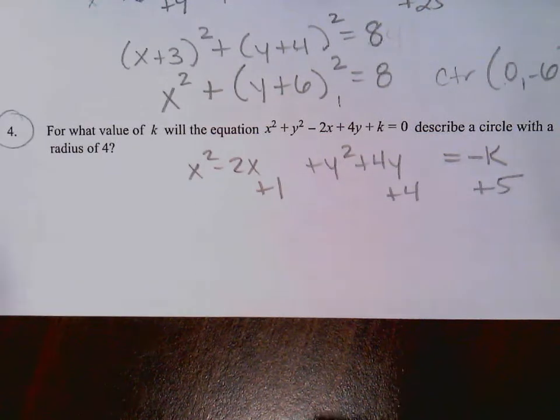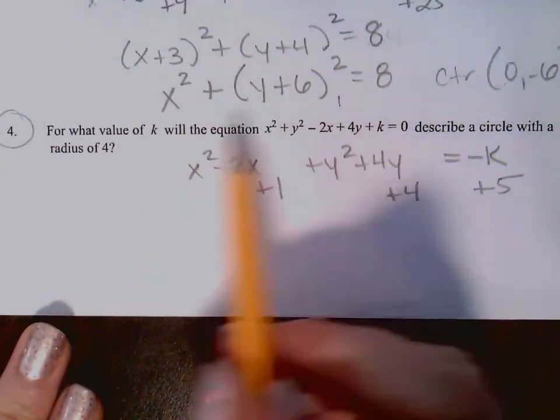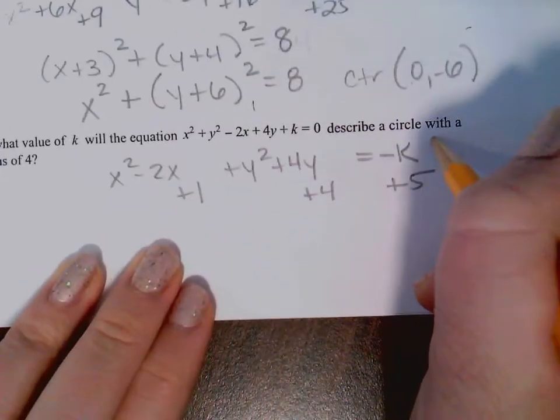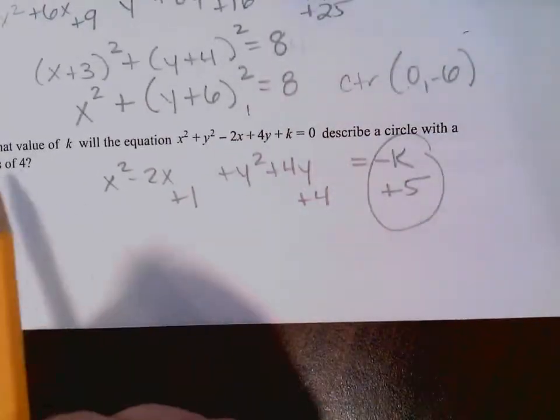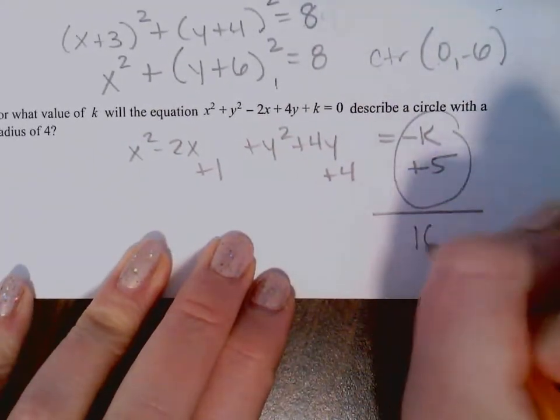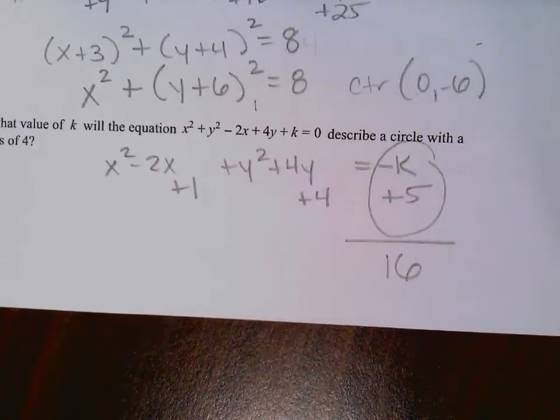Now, technically, you don't have to complete all this other work. We're done on this side besides completing the square. We want this to come out to 16, right? The radius is 4. What will make this be 16? So negative k plus 5 has to be 16. It sounds like k would have to be negative 11, right?